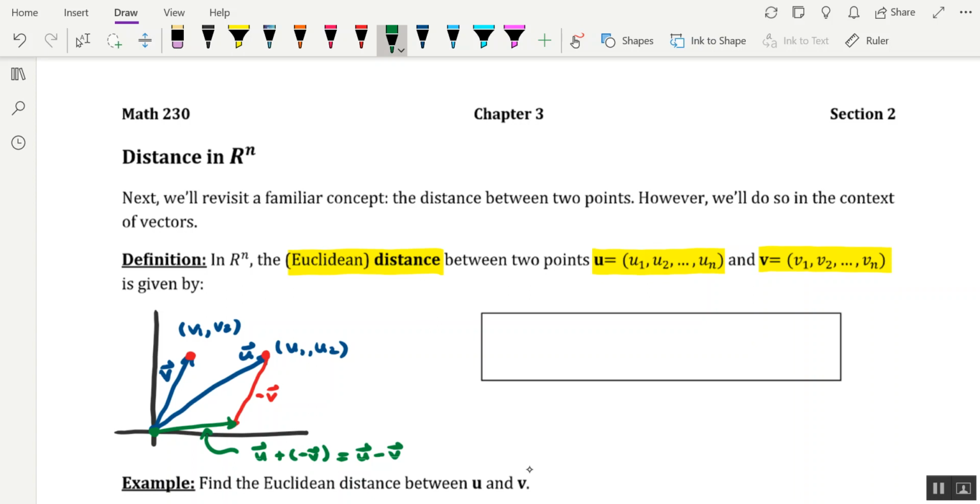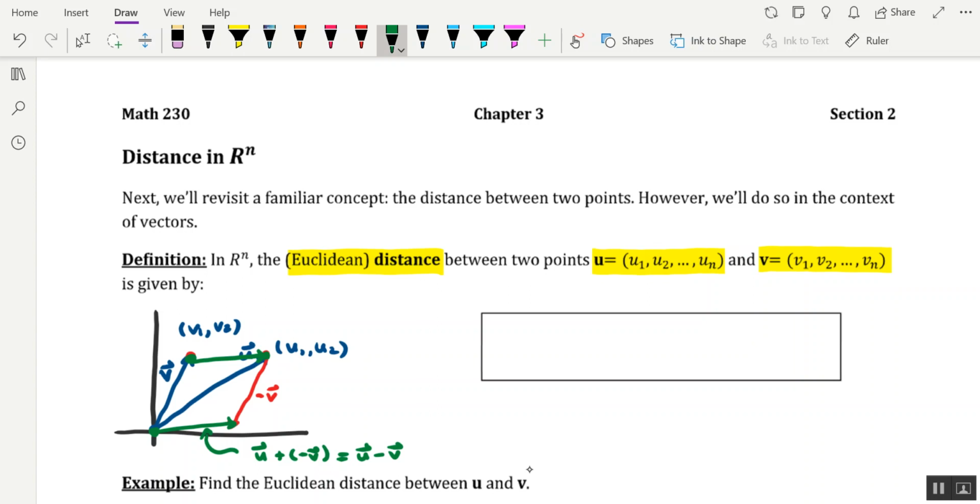This vector u minus v can be moved or relocated so that its initial point connects at the head of v and also the head of u. So both those green vectors are the same.